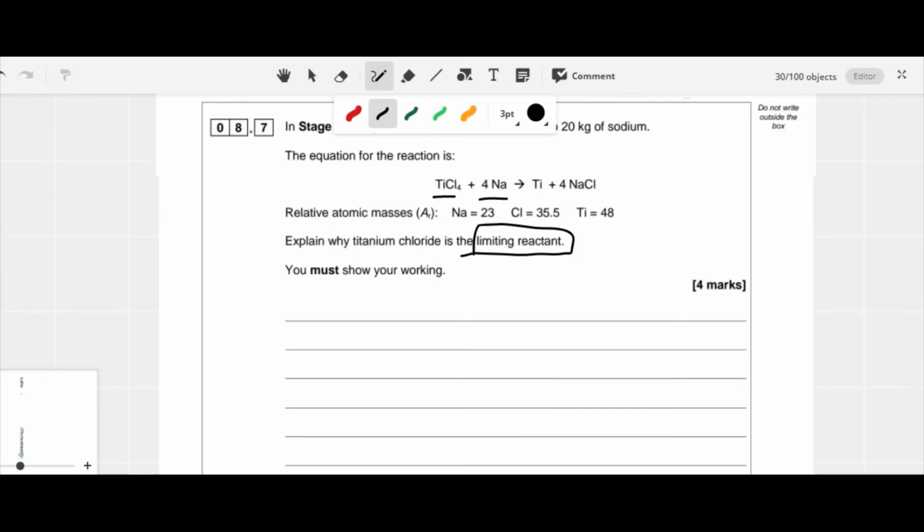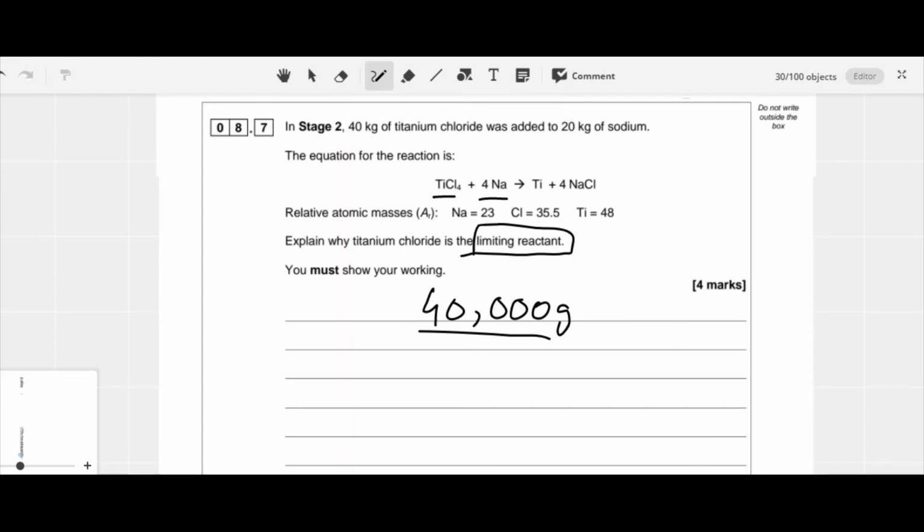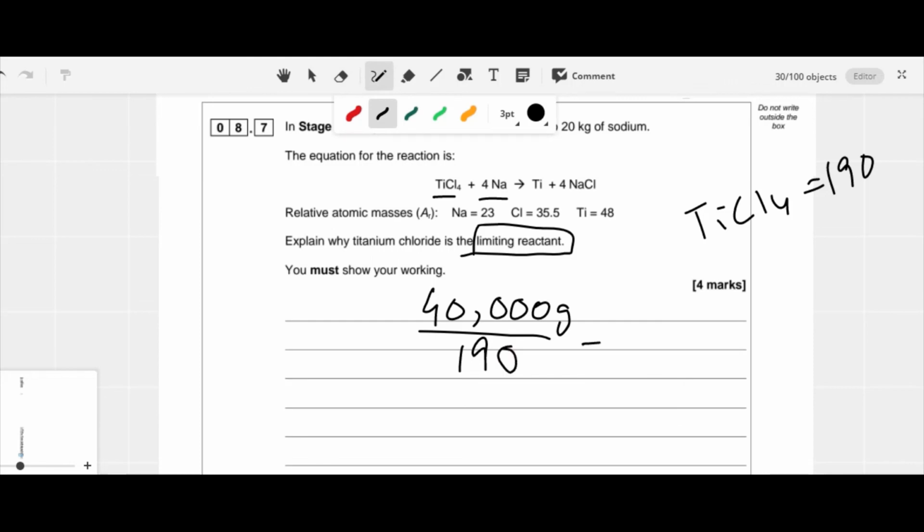So here 40 kg means 40,000 grams divided by the molar mass of titanium chloride, TiCl4, which equals 190. So you have to divide by 190 here.